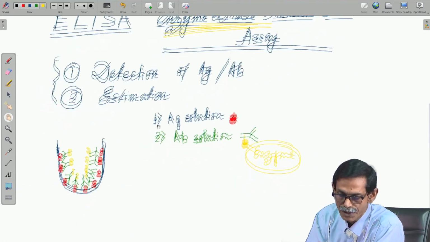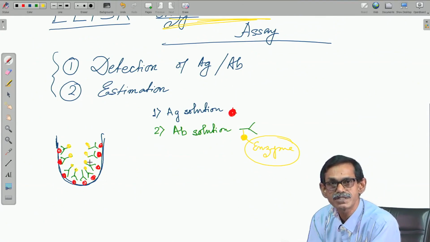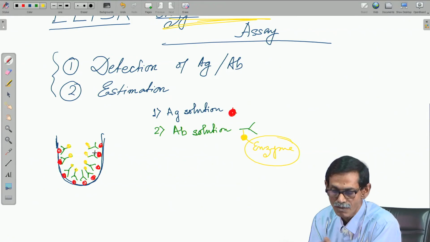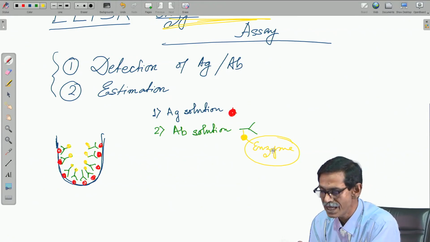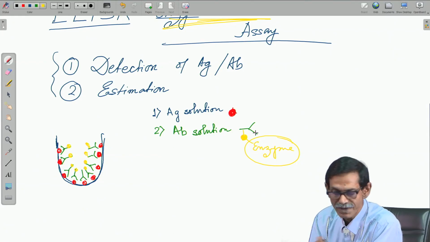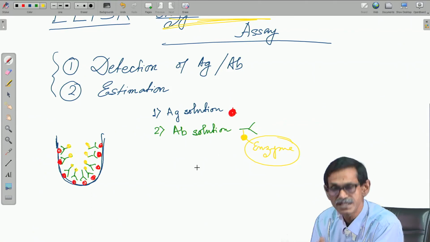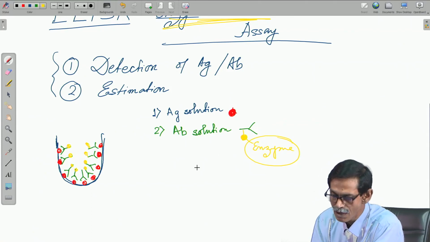You also cannot see this enzyme. When I add the antibody, I actually added the enzyme linked antibody. The enzyme we generally use here is horseradish peroxidase.